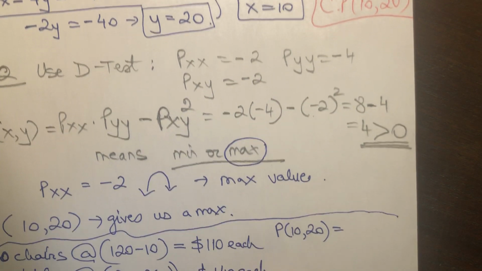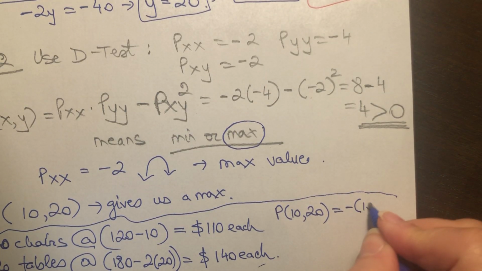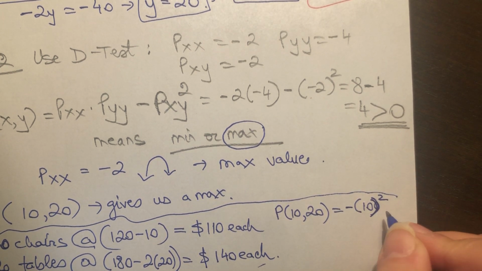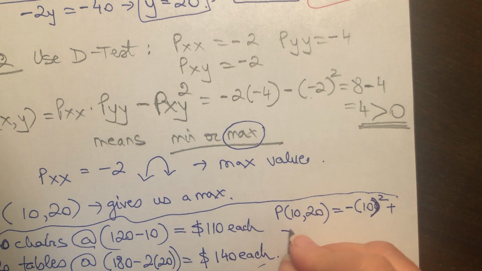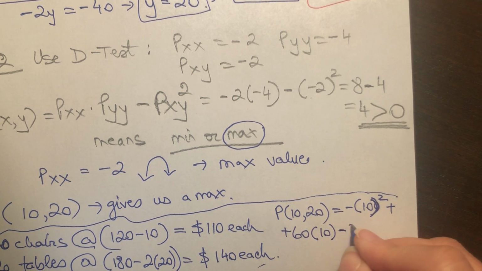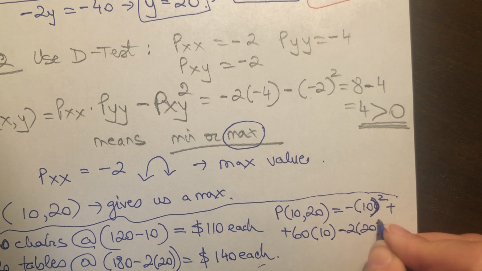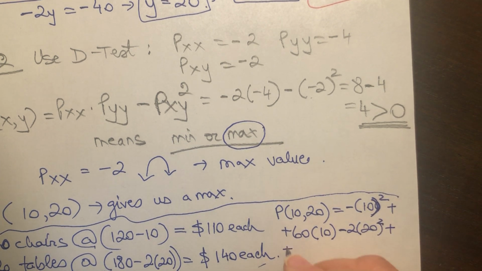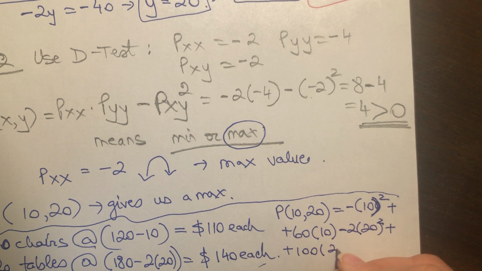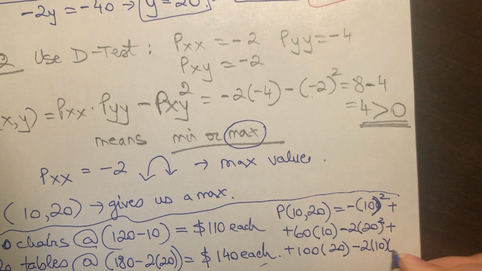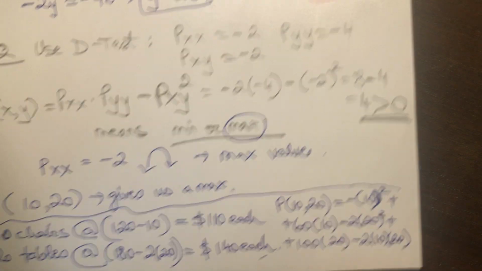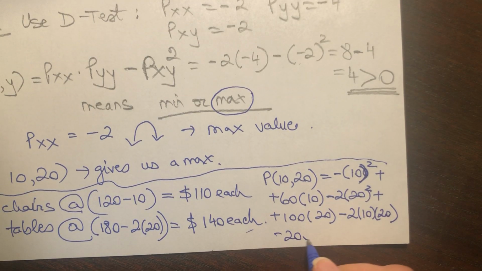So the profit function said negative x squared plus 60x minus 2y squared plus 100y minus 2 times x times y and minus 200.